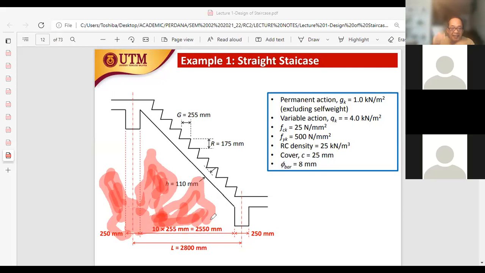Bigger, wider and thicker elements because of the requirement of fire resistance, meaning the higher the building, the more time is required for the occupants to escape the building. That is why kita provide paling lama is 4 hours untuk bangunan katakan 30 stories, 40 stories. Okay? So everything has to be designed to withstand fire for at least 4 hours.